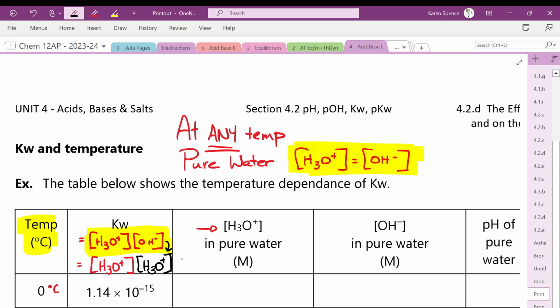We're not trying to do anything else with it. We're just trying to find the concentration of hydronium. Okay. I want you to find H3O plus. Can you do that?